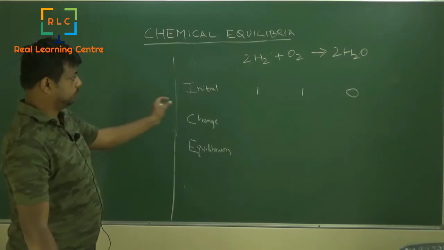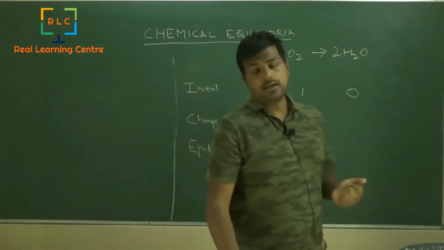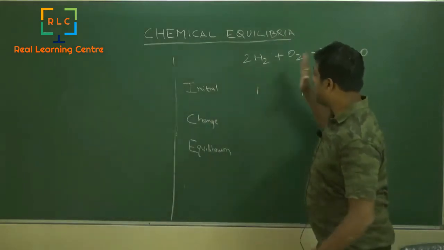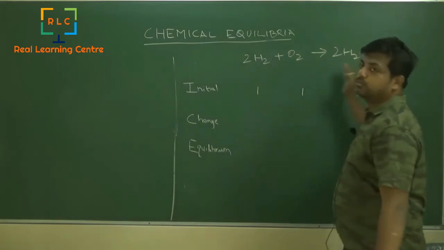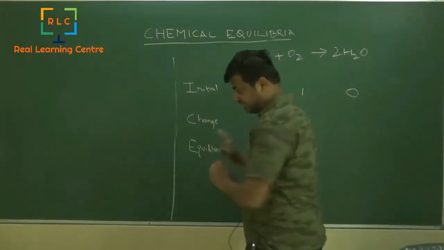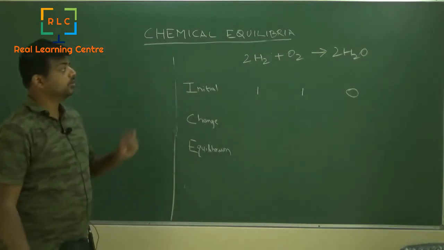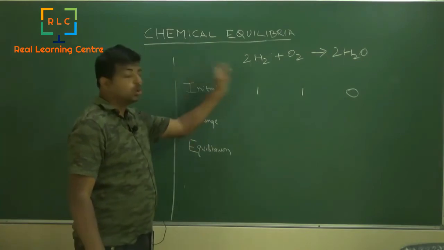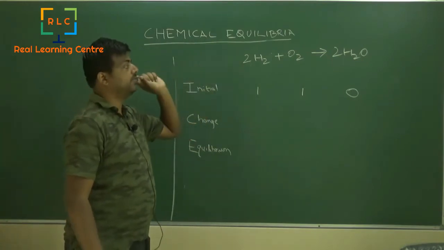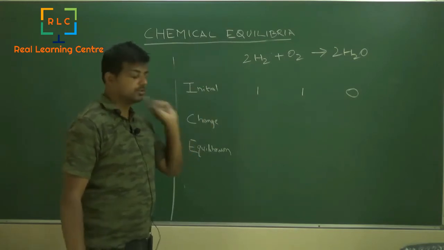I want to figure out what is the change and what is the equilibrium state. Now, if you see the reaction, 1 mole of oxygen needs 2 moles of hydrogen to give you 2 moles of water. That's the stoichiometry. So for every X mole of oxygen used, you will need 2X moles of hydrogen, and that will give you 2X moles of water. Right, that's how the stoichiometry works.